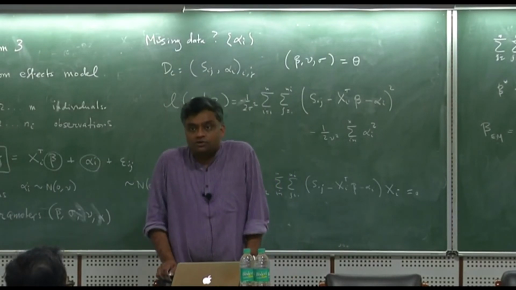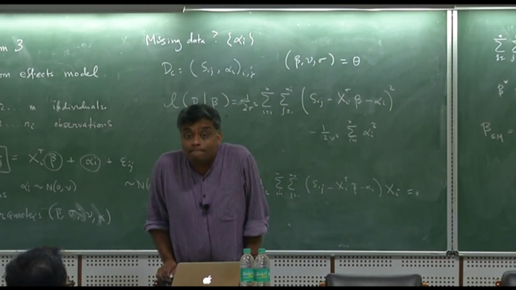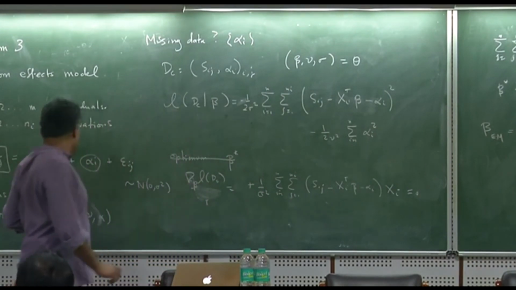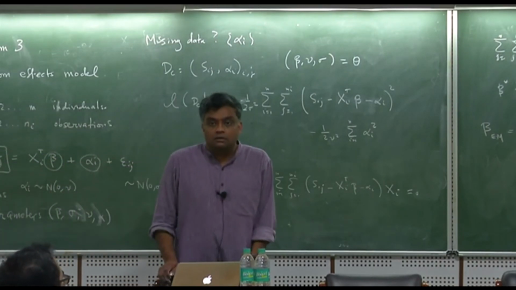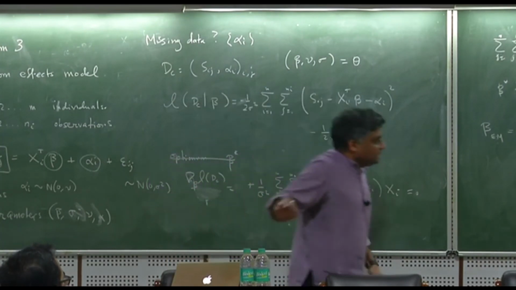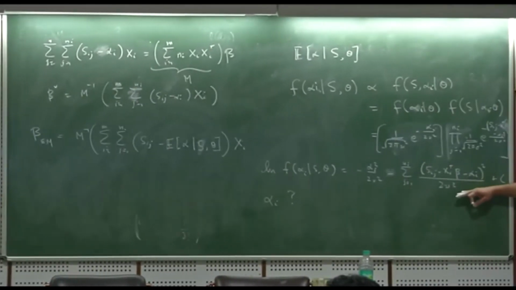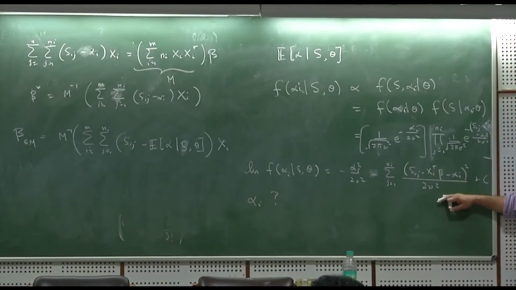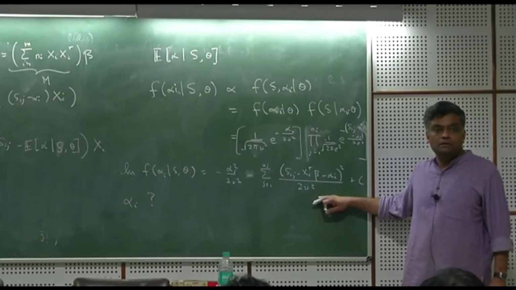But how do I know that it's normal? No, the prior is normal. Why should the posterior be normal? Let's not think too much about it. Basically, if you open this up, what kind of polynomial in alpha did you see here? Second degree polynomial, right?